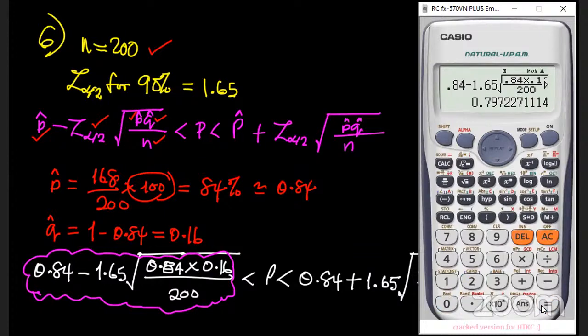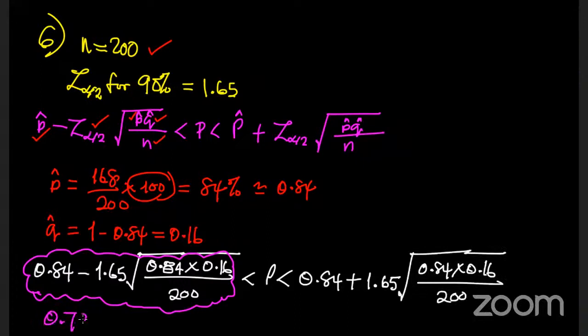Okay, this is 0.797. It's less than. We do the same for the right-hand side.